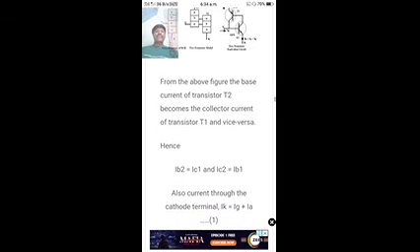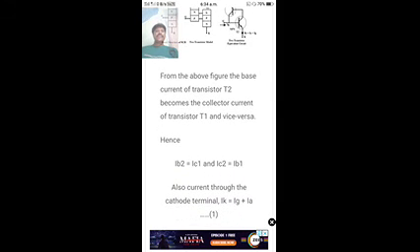So we have some derivation, showing how these two transistors enter into regenerative operation, and in a small time enter into conduction with the application of the gate triggering voltage. Let us see this derivation.